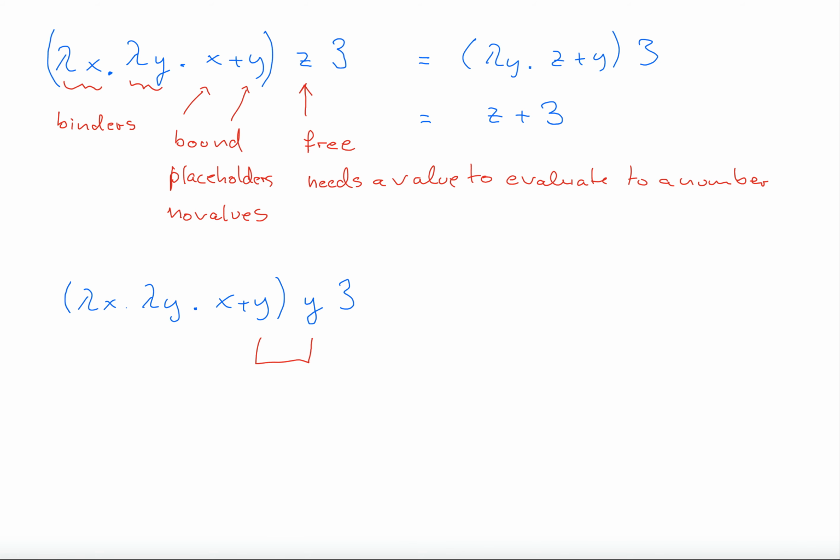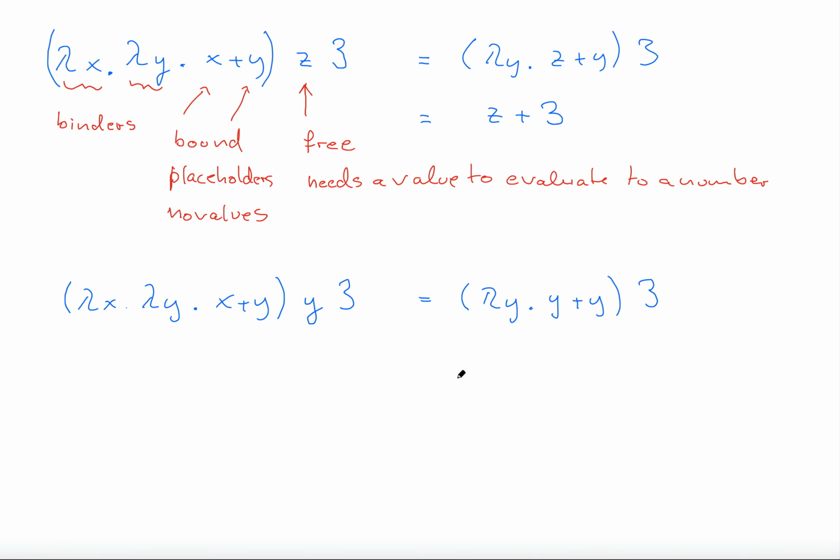But let's see what happens if we do the computation following the same steps as above. If I'm naive and I just copy what I have above, but with a y instead of a z, you see that I get y plus y here.